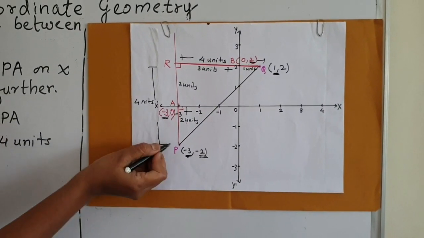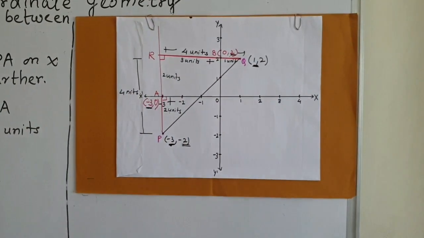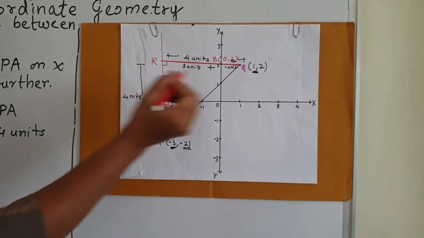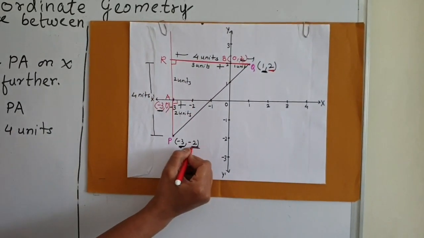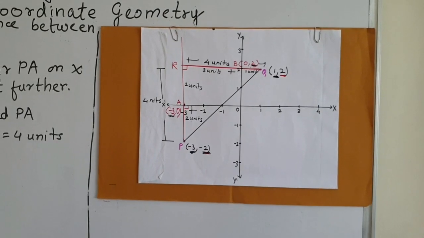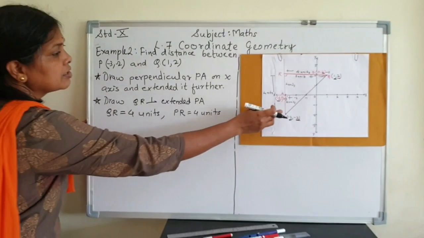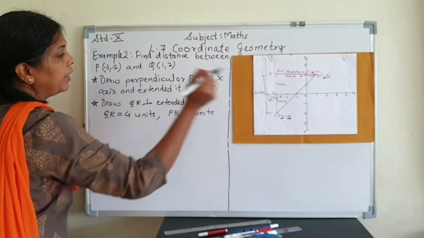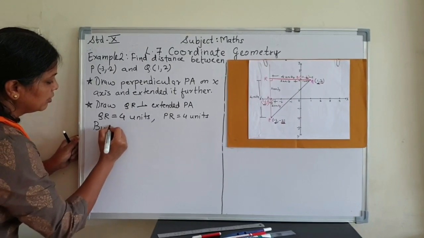And when we take vertical distance, we take y coordinate. 2, this 2 and this 2. Total we get 4 units. So this is how we get this distance PQ and QR, PR and QR.